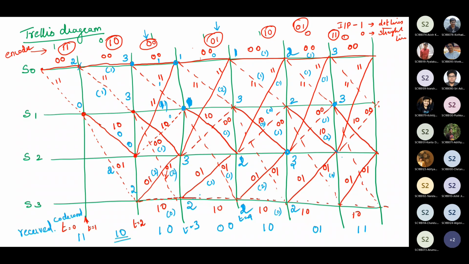So this point is 2. Next one is 0, 1. Both are 0, 1. Okay. 0, 1. So 0, 2. What about here? 2. So this is also 2. Last one 3, 0, 0. So here it is 2. Whereas here 1, 1, 0. So the minimum value is 2.